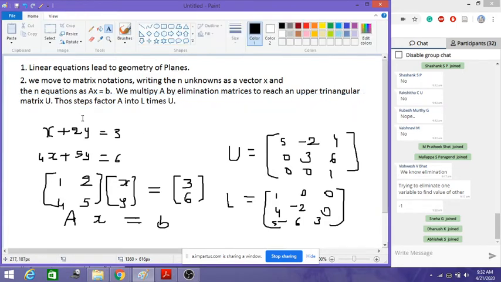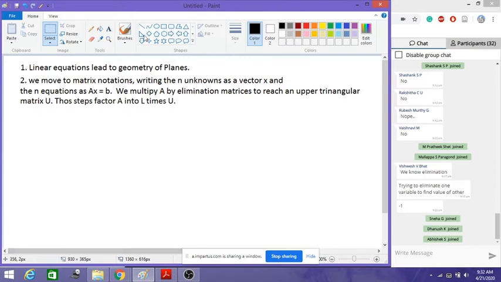So I'll take out these terms. Now, for example, we have A as a matrix, that is the coefficients, say 1, 2, 4 and 5. Then we can also obtain this with L times the upper matrix.